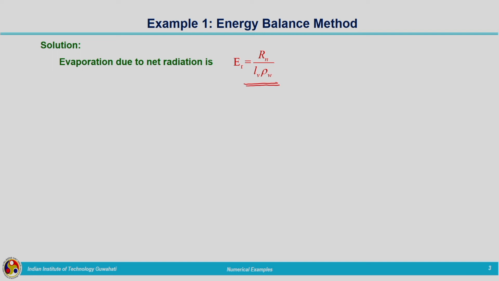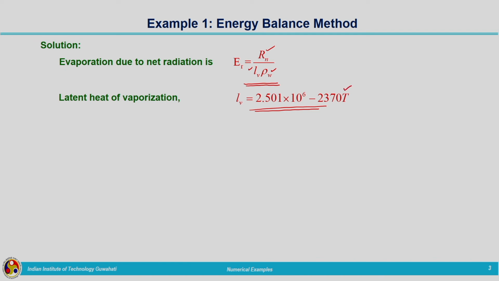Here, Rn, the net radiation, is given to us, rho W is given to us, and the latent heat of vaporization we need to calculate, since the temperature is given to us. How can we calculate latent heat of vaporization? We have the empirical equation for calculating latent heat of vaporization. It is given by this expression. Here we need the value corresponding to temperature.